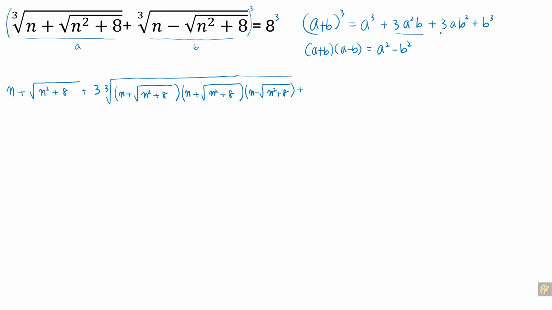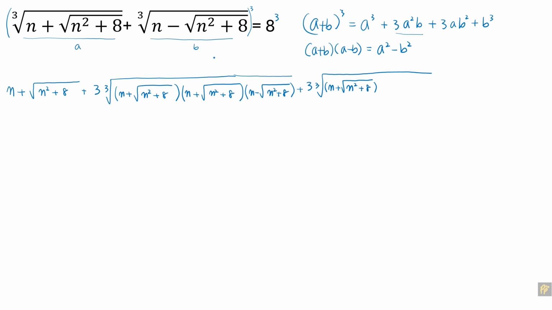Now, the third term can be 3 times a b squared. So similarly, we have 3 times the third root of n plus square root of n squared plus 8.